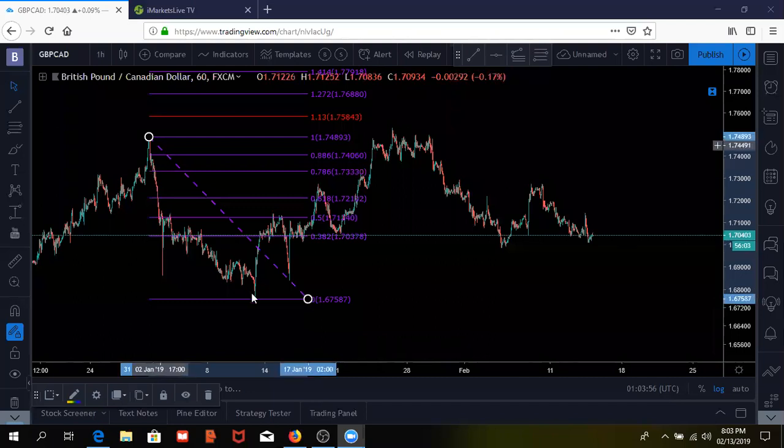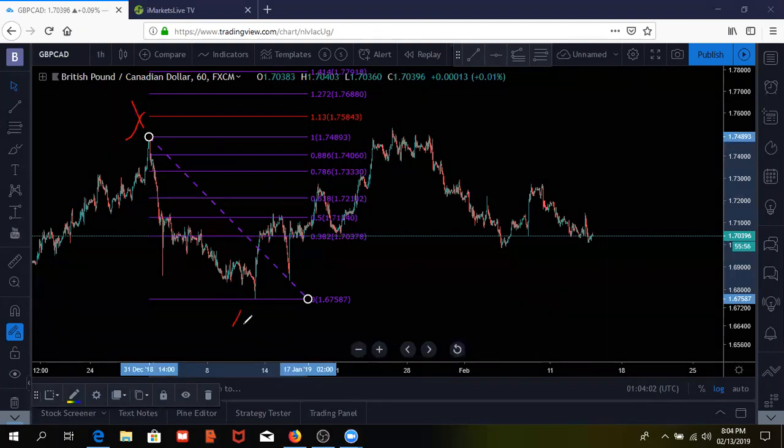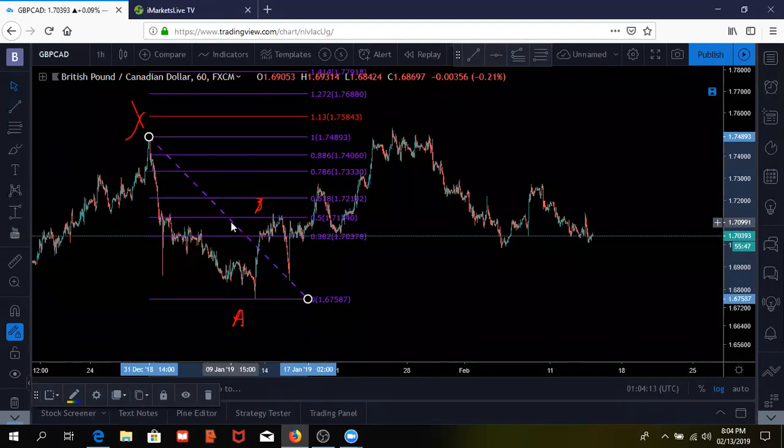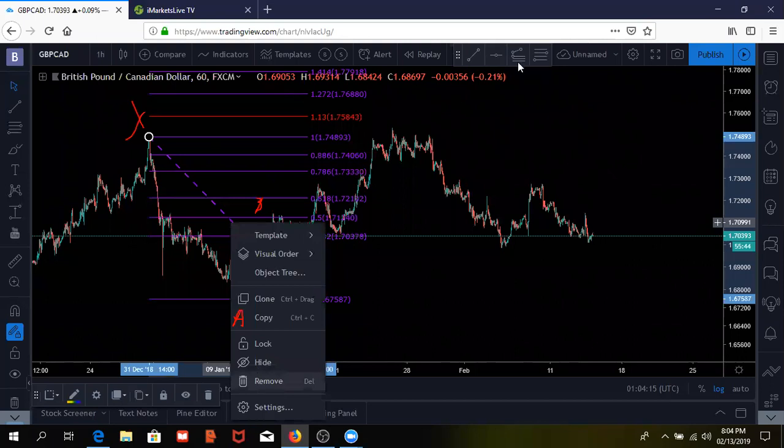Took my fib from X to A to get my B point, which is right here, that 50%. And from that point, I now simply take my fib from A to B, measure out that move. Go ahead and remove that.